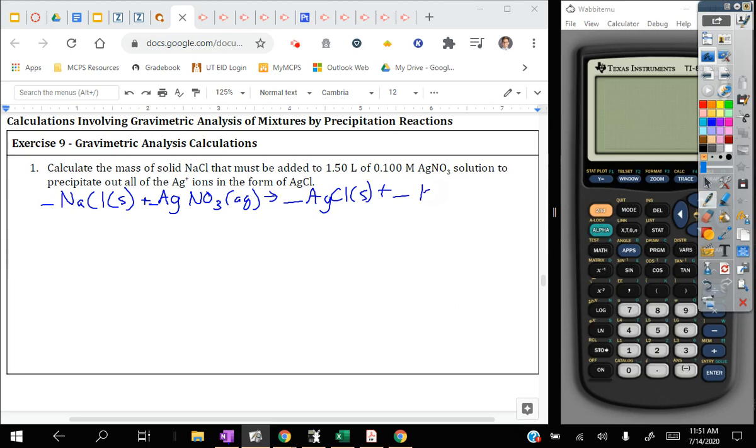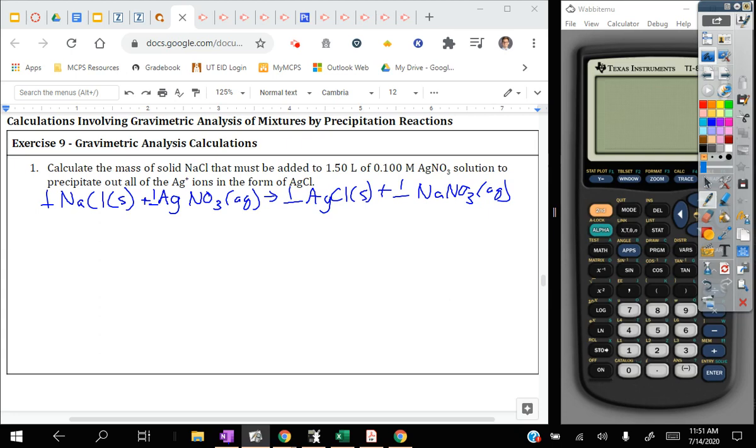That must mean the other component has to be sodium nitrate. Nitrate and sodium salts are aqueous, so we can assume this one will be aqueous as well. Thankfully, when we balance, it is 1 for all of the coefficients.